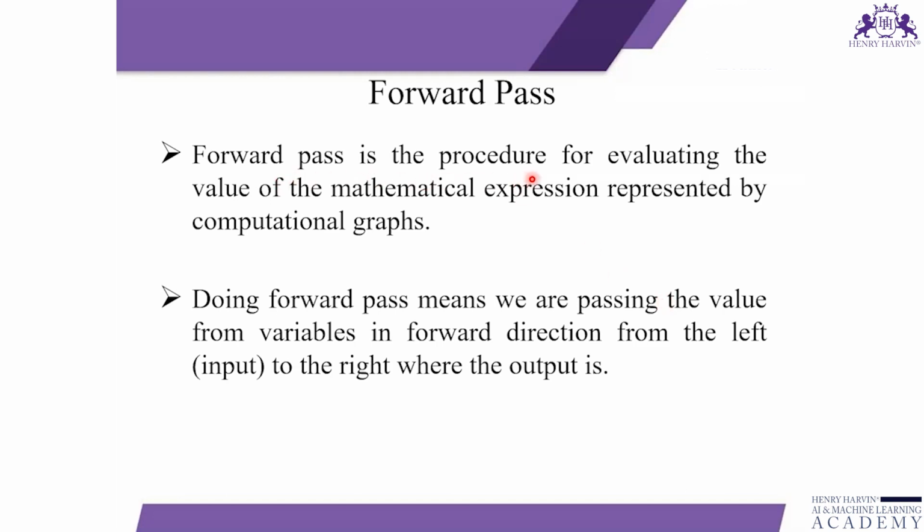Forward pass is the procedure for evaluating the value of the mathematical expression represented by computational graphs. Doing a forward pass means we are passing the values from variables in the forward direction, from the left to the right where the output is.